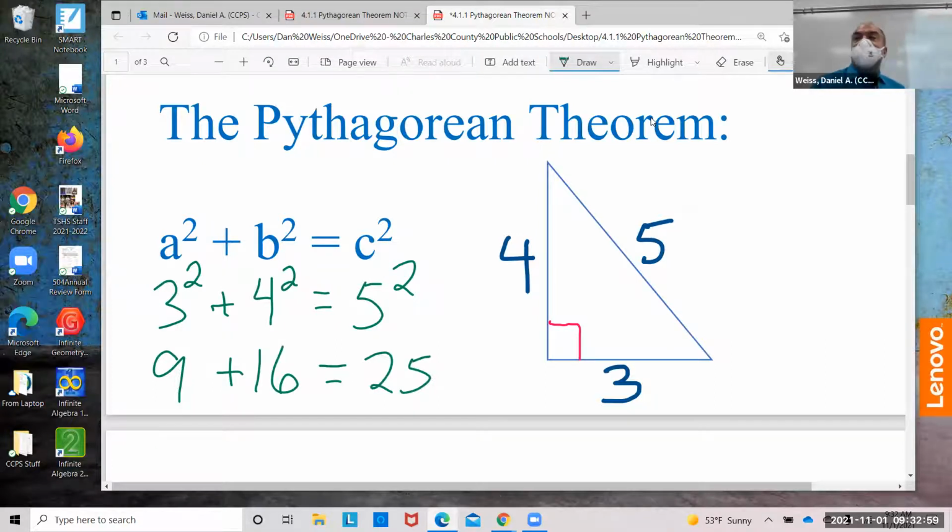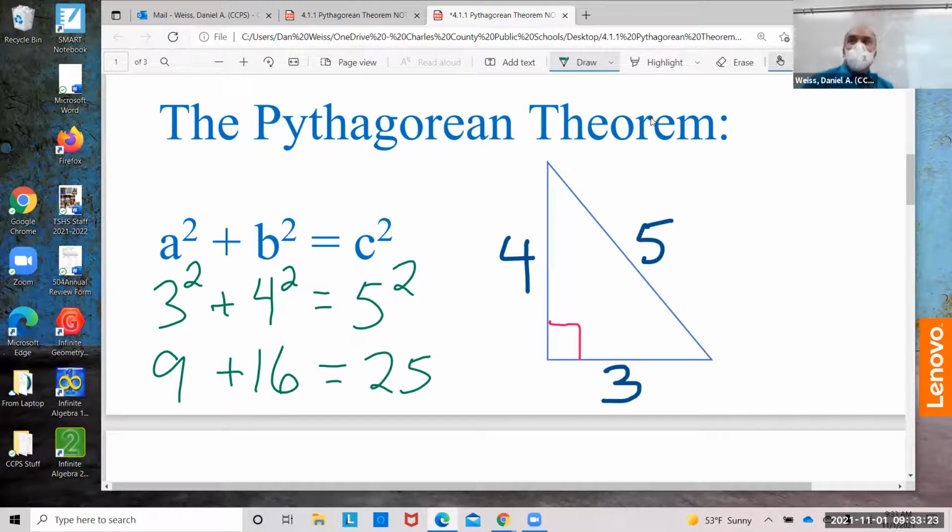And doesn't 9 plus 16 equal 25? A squared plus B squared always equals C squared. If you have 3 parts of a triangle where A squared plus B squared is not C squared, then it's not a right triangle. This only happens in a right triangle.